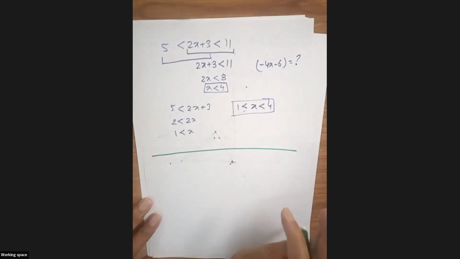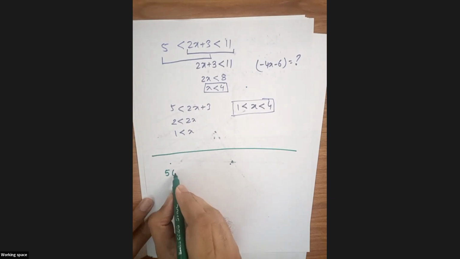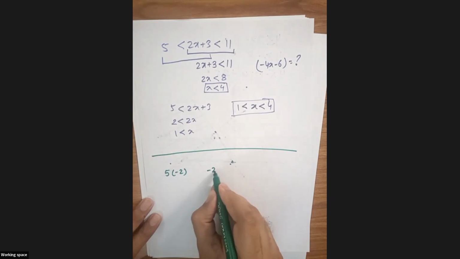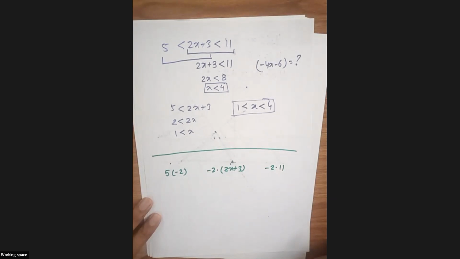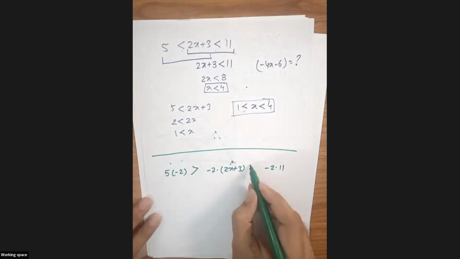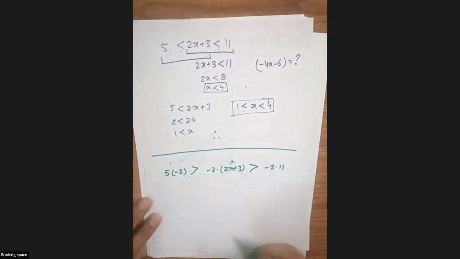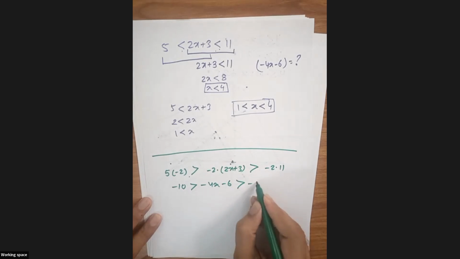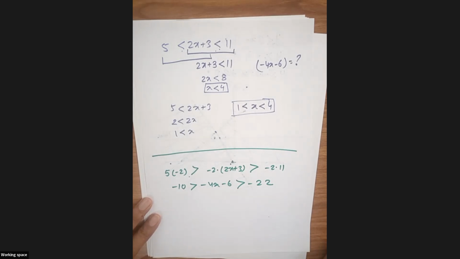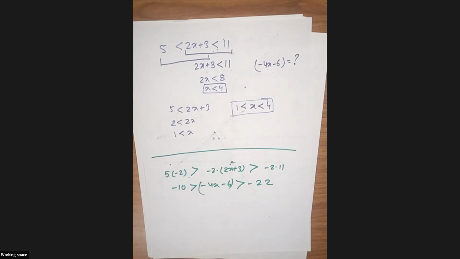Atish, why not minus 2 throughout? Look, we multiply by minus 2: 5 into minus 2, minus 2 into 2x plus 3, and minus 2 into 11. Now because I have multiplied by a negative sign throughout, change the sense of the inequality. Let me solve it. Minus 10 greater than minus 4x minus 6 greater than minus 22. This is what we needed. So minus 4x minus 6 will be greater than minus 22, but will be less than minus 10. Let's go back to the question.